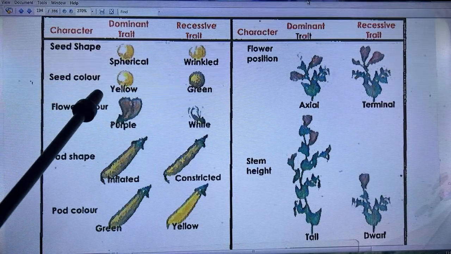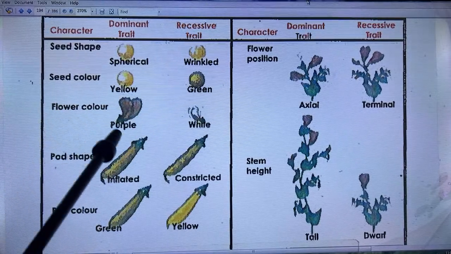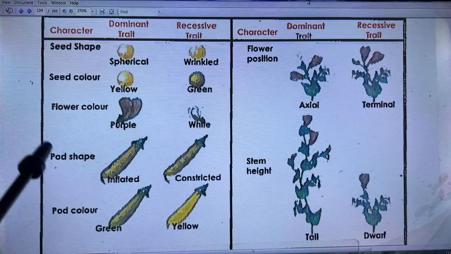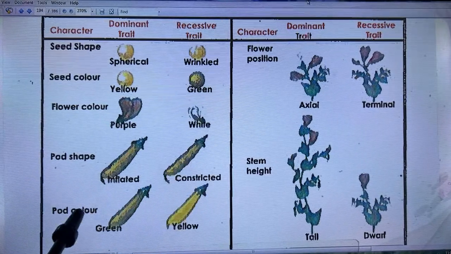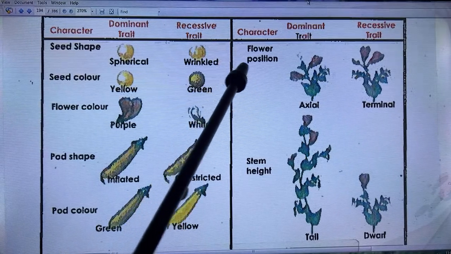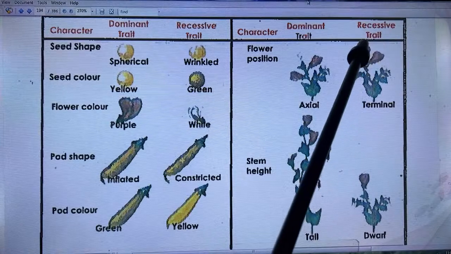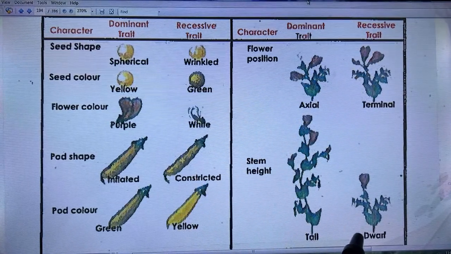Seed color, yellow, green. Flower color, purple, white. Pod shape, inflated, constricted. Pod color, green, yellow. Flower position, axial, terminal. Stem height, tall, dwarf.